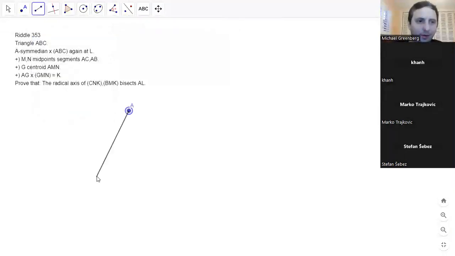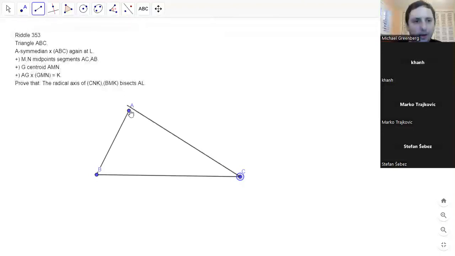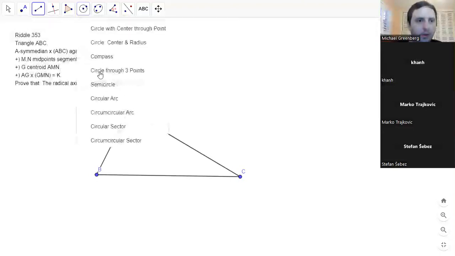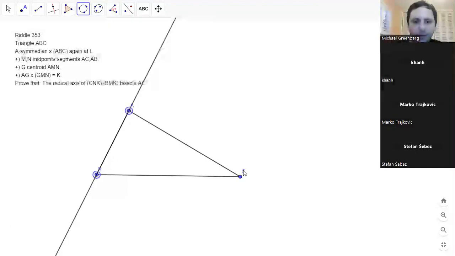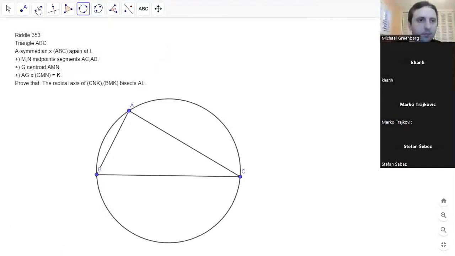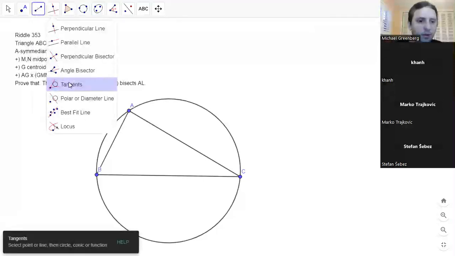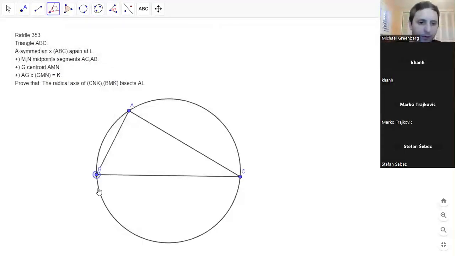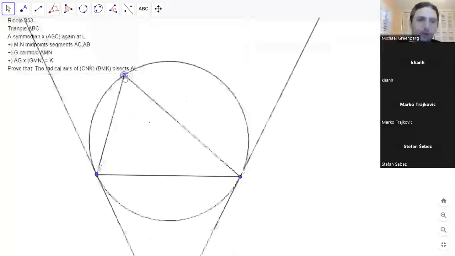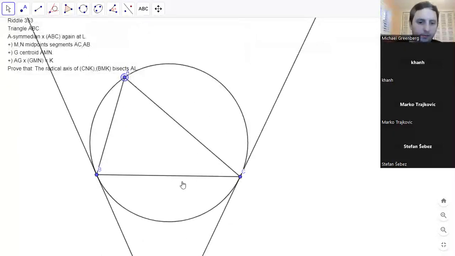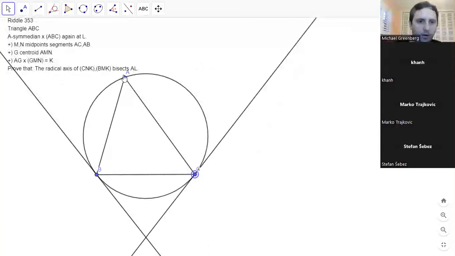Let's do this one. So we have a triangle ABC. We draw the symmedian, and we draw the midpoints of AC and AB. All right, so here is the symmedian. And that gives us a harmonic quadrilateral, ABCL. It's another way to say it. It's harmonic.